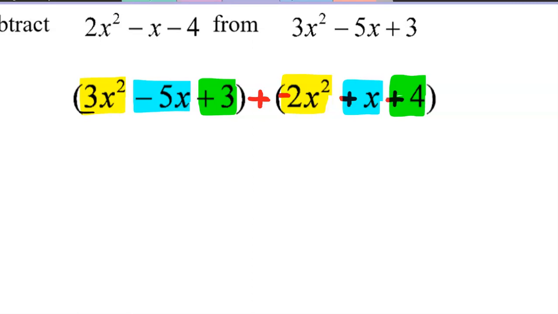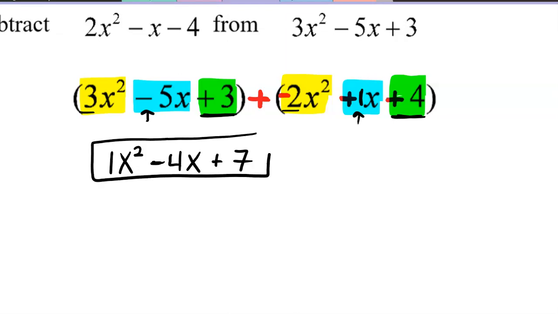So we have +3, -2, that's 1x squared, better known as just x squared. We have -5 plus 1, so that's going to give me -4x. And last but not least, we have 3 and we have 4, both of them are positive numbers. So you would add them together, we get an answer here, and again, I'll take that 1 out of there, we really don't need that. So it's x squared minus 4x plus 7.